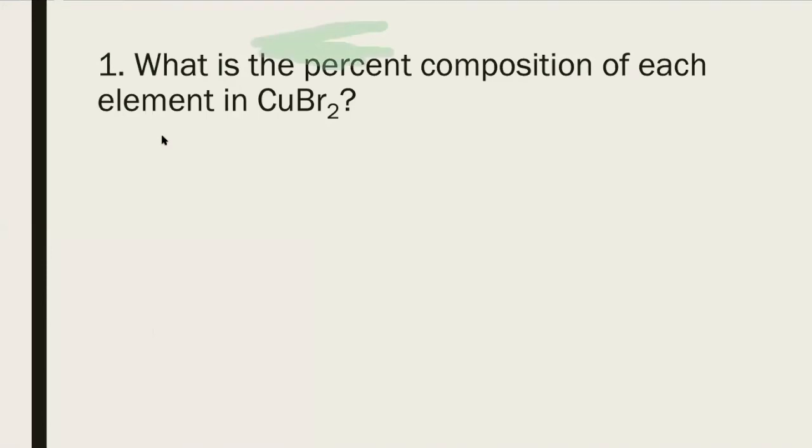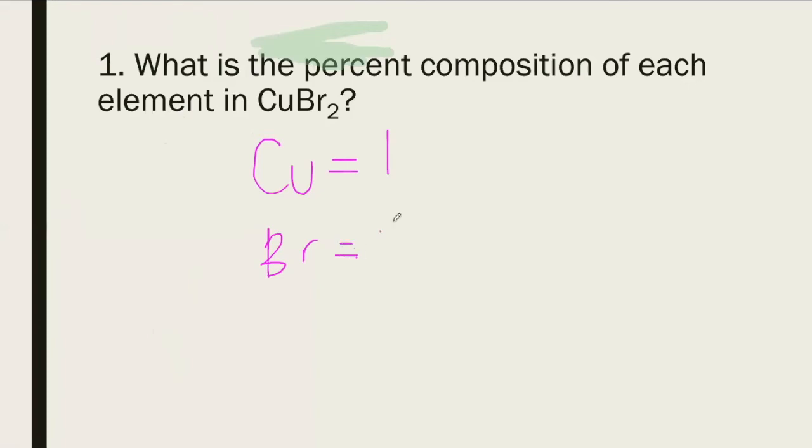So, the first thing to do when we're finding percent composition is to find the molar mass. So, to identify how many atoms in an element are. So, same process. So, Cu has one atom, and Br has 2 atoms.